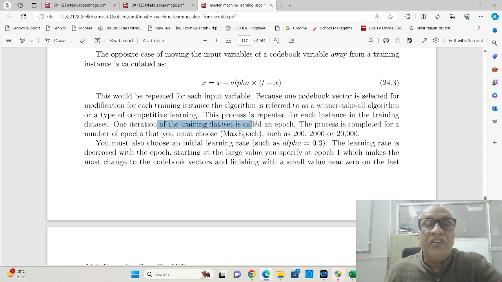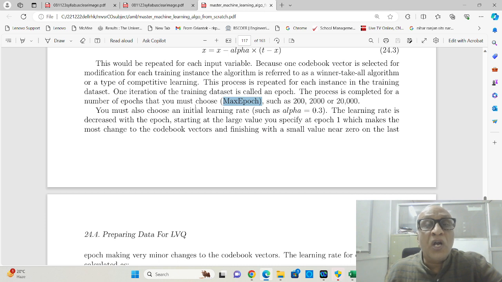Each iteration of the training data set is called what? It is called an epoch. The process is repeated for a number of epochs we must choose. That number of epochs is called max epoch. That max epoch value can be 200, 2000, 20,000. You also have to choose an initial learning rate, say 0.3. The learning rate decreases with each epoch.